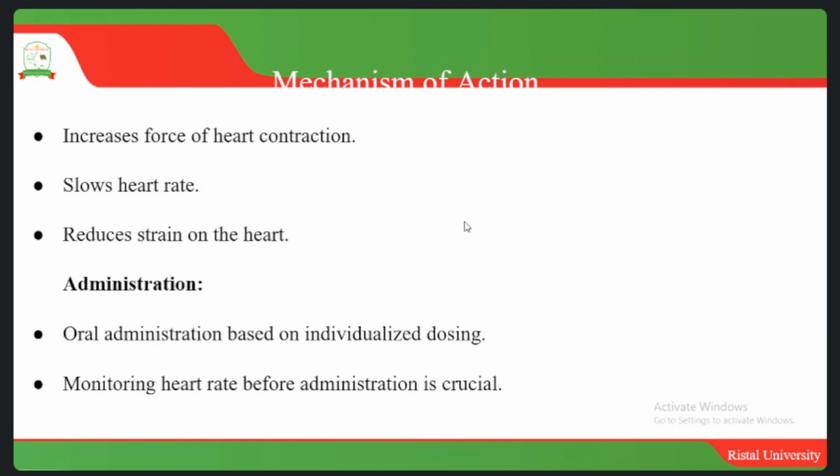As I mentioned, when the left side fails, it will also affect the right side of the heart, and it will end up being a right-sided failure. There will be residual blood in the left ventricle caused by the left heart failure. I'm just trying to summarize the entire thing.